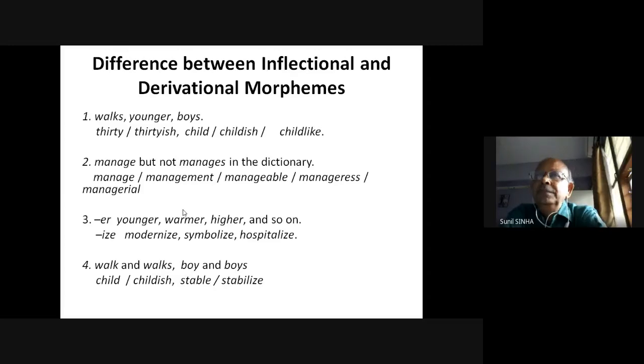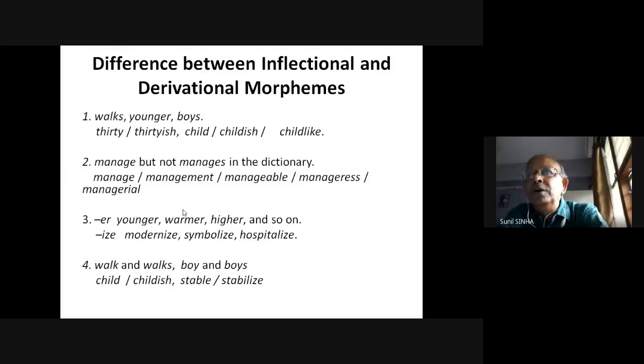Walk is a verb, walks is a verb. So the grammatical category, the part of speech of the word, does not change.